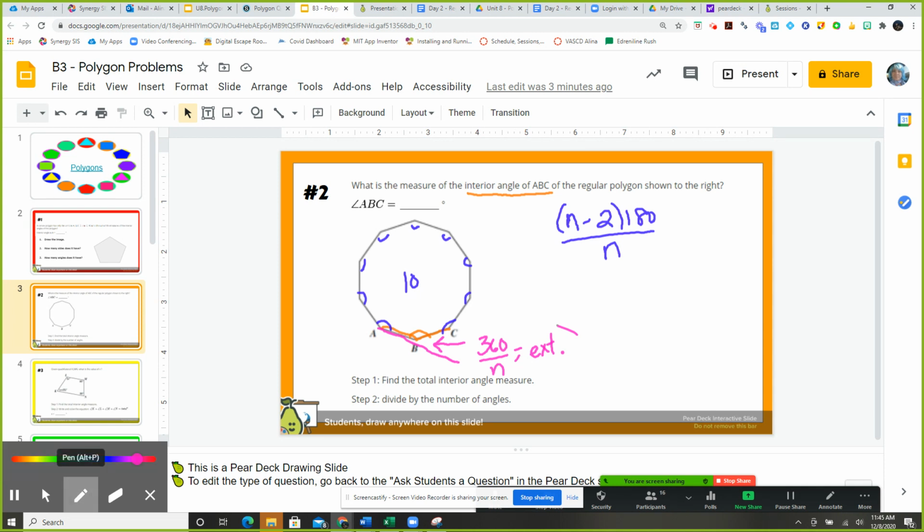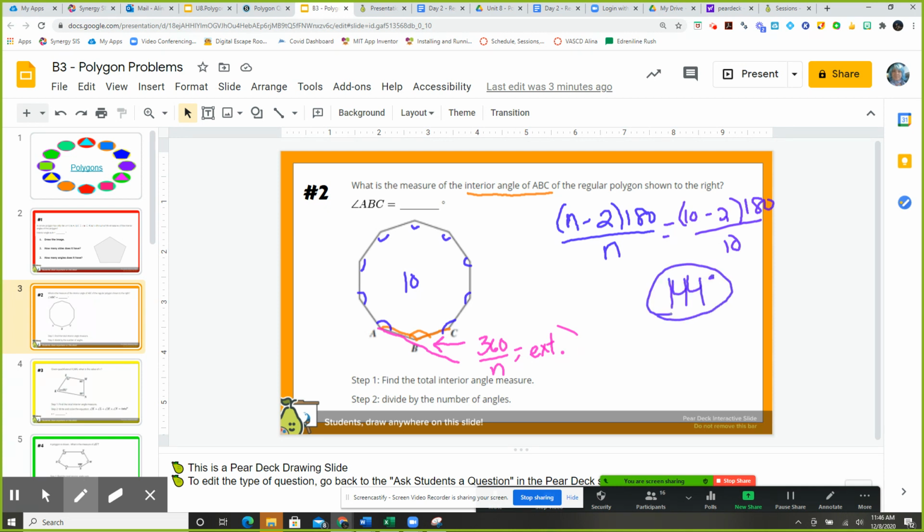Okay, so if we do the blue equation, we do 10 minus 2 times 180 divided by 10. And what did you get, Mariah? 144. That is 100% my answer right here, 144. If we do the pink equation, 360 divided by 10 gives me what? 36.